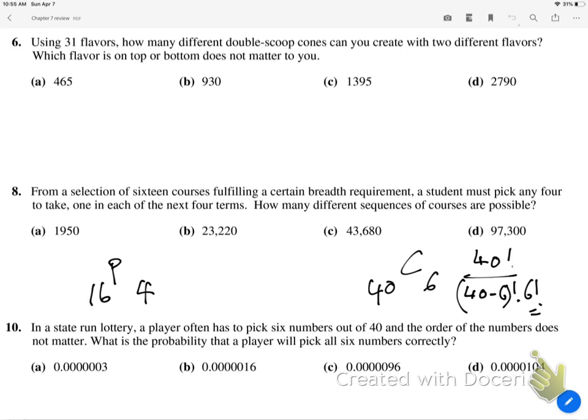Remember, this extra piece is for the combination. So, 40 factorial divided by 34 factorial equals, then divided by 6 factorial equals.